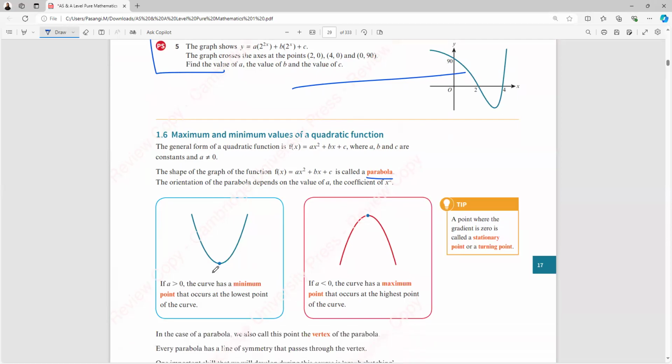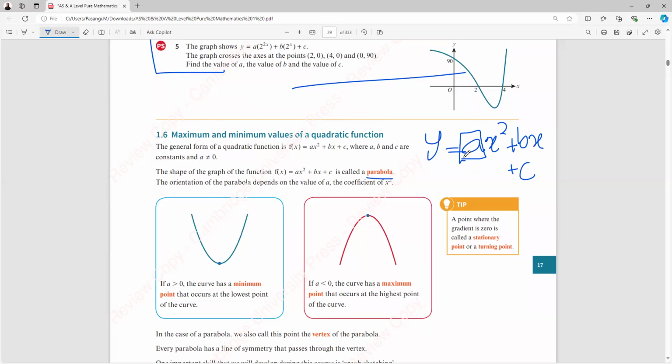If you can remember, I think we did this. For the quadratic equation, we have the equation ax squared plus bx plus c. According to this x squared term, there's a connection with the shape, whether this curve has a minimum or maximum.